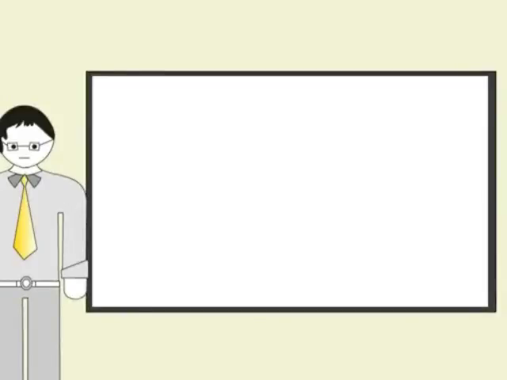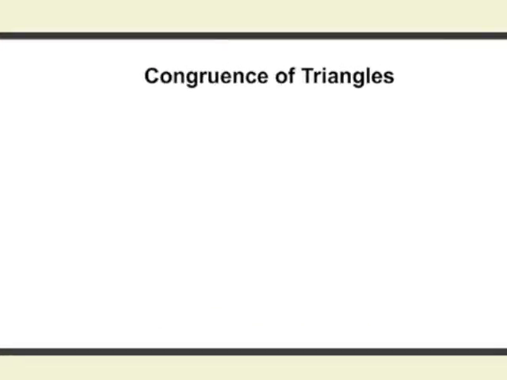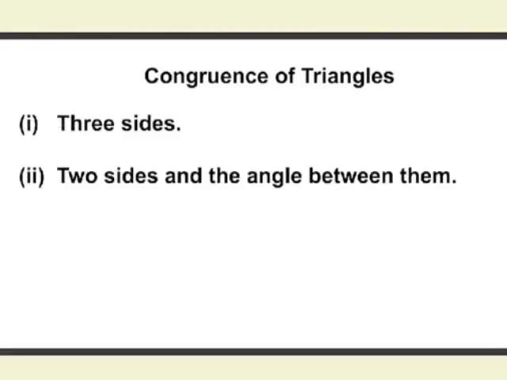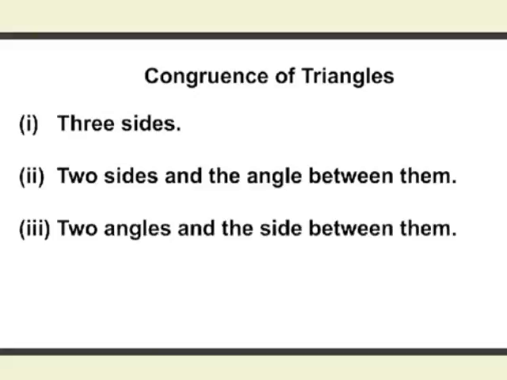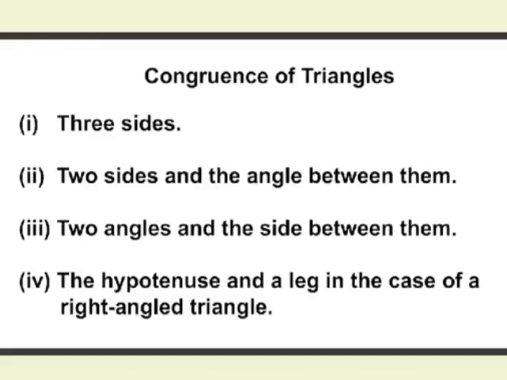In the chapter on congruence of triangles, we saw that a triangle can be drawn if any one of the following sets of measurements are given: 3 sides, 2 sides and the angle between them, 2 angles and the side between them, or the hypotenuse and a leg in the case of a right-angled triangle. We will now attempt to use these ideas to construct triangles.